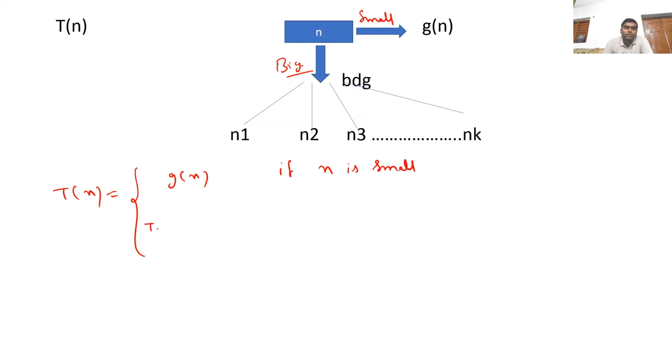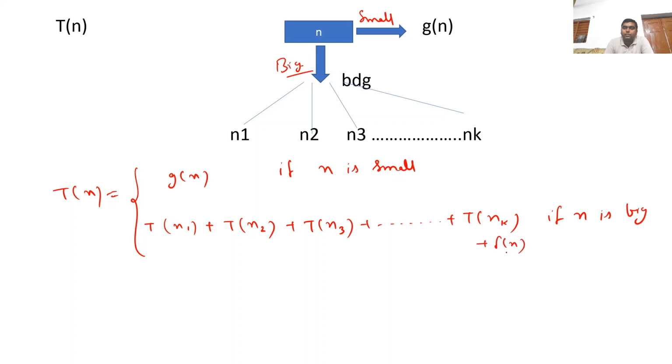Otherwise, it is T of n1, the time to solve a problem of size n1, plus T of n2, plus T of n3, and so on up to T of nk. This is the case if n is big, plus some function f of n.